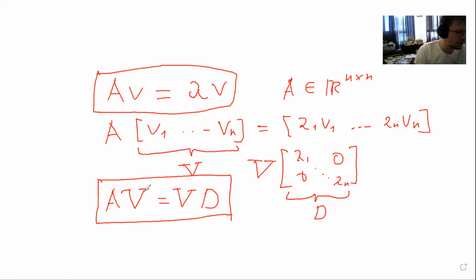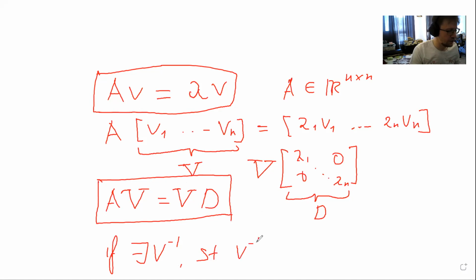Now, imagine V is not degenerate. If there exists V^-1 such that, so if this matrix has an inverse, or let me just write it simpler.